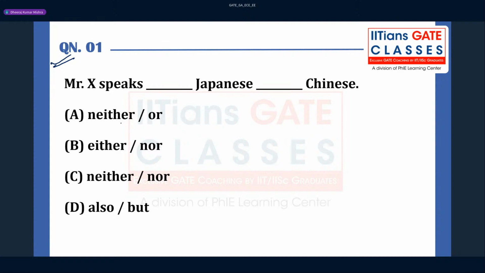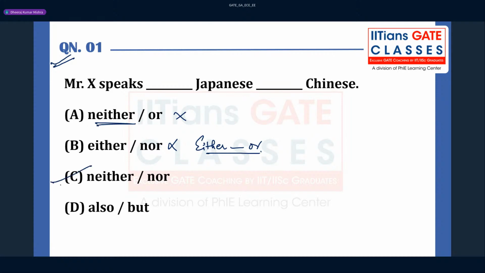I think you might have seen in your school days, in high school English grammar, that neither or is not the correct pair, and either nor is also not correct, because it should be either or. Either should always go with or, neither should always go with nor.